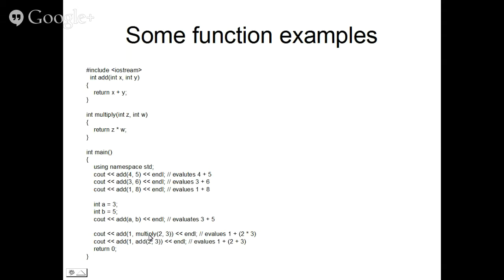So 6 replaces the multiply call here and is passed as the second parameter to add, and add is now being called with 1 and 6 as x and y, and we get 7. So this will display 7 on the screen. So this is an example with multiple scenarios.